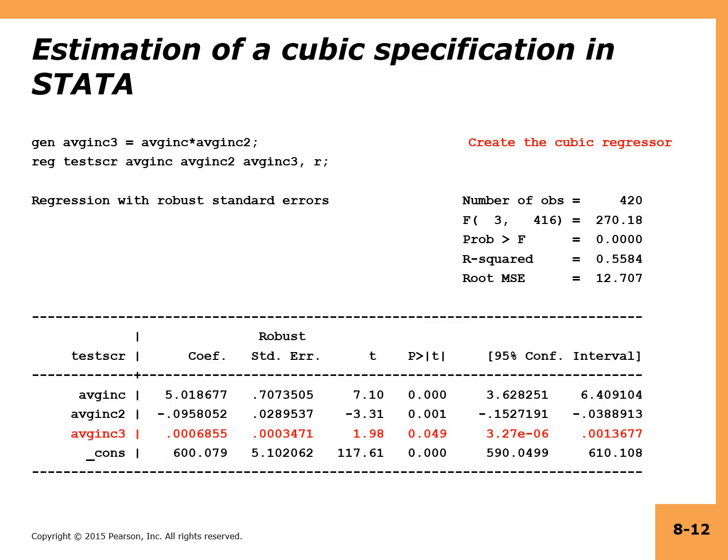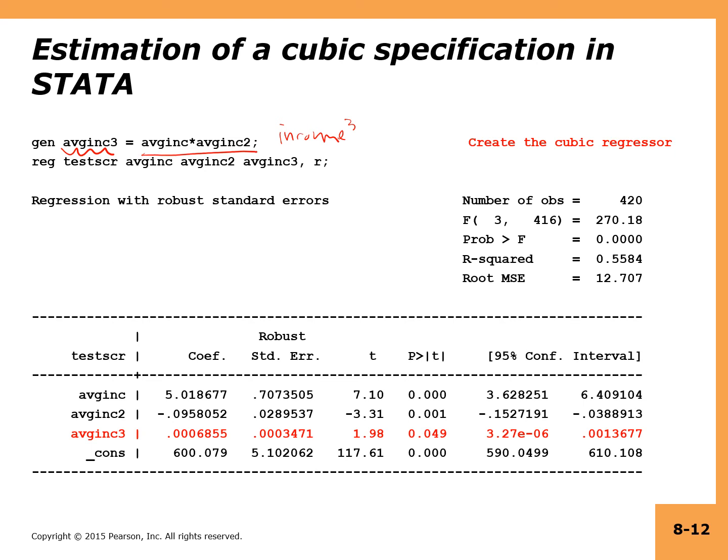Let's check if the cubic specification makes sense. So here we're estimating a cubic specification using Stata. Same as the quadratic specification, the first thing that you need to do is create a variable called, in this case, average income 3. That is basically income to the third. So here we're multiplying average income times average income squared.